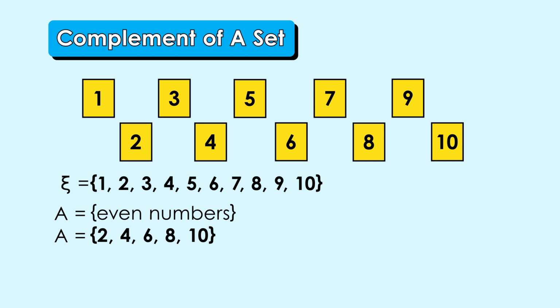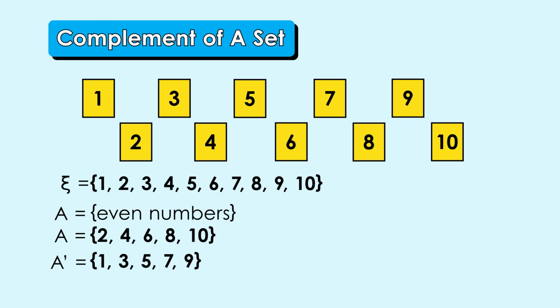So, what is the complement of set A? The complement of set A is the set that contains all the elements in the universal set which is not an element of set A and is written as A prime. So, the elements in the complement of set A, which is A prime, are 1, 3, 5, 7, and 9.